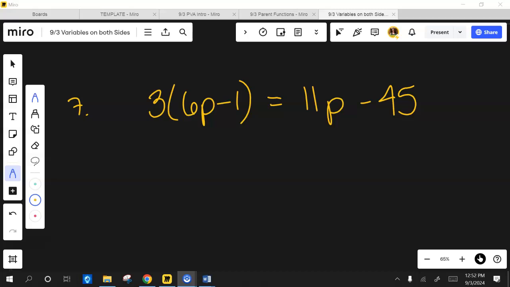Do you see why, Smeek? Do you see why I can't just move them right now? Why? I got those parentheses, right? I need to simplify both sides first, then I can worry about moving them. How am I going to simplify this side? Distribute, multiply, right? Take that to everything.